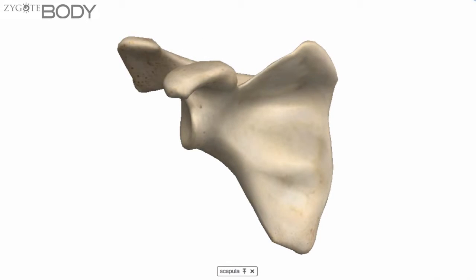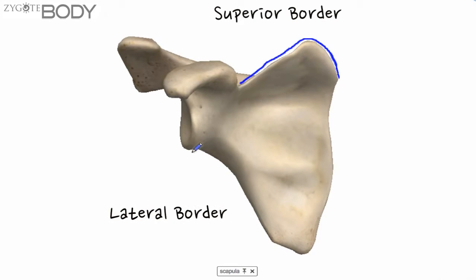The first one is the superior border. The superior border is the shortest and the thinnest, and it goes from the medial angle all the way to the base of the coracoid process. Now, the lateral border is the thickest of the three, and it begins above at the lower margin of the glenoid cavity and goes all the way to the inferior angle.